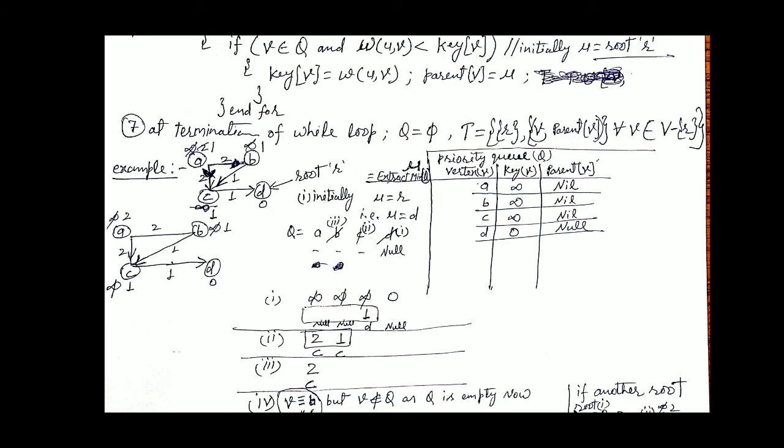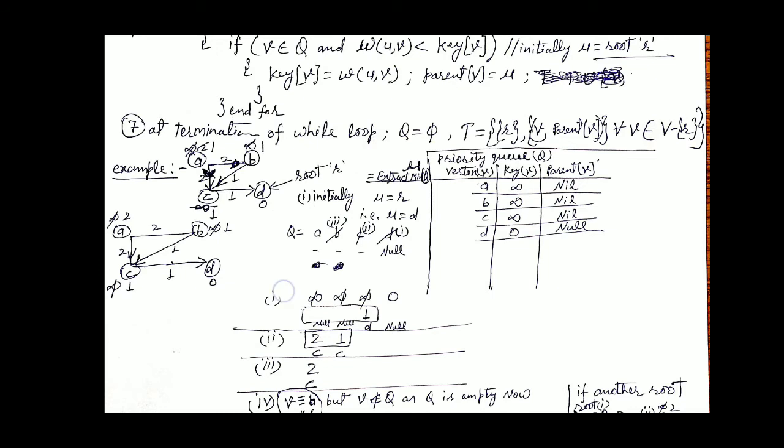Yes, A, but the edge weight of BA is not less than the key value of A. So we will not update the key value of A, and its parent will remain unchanged.